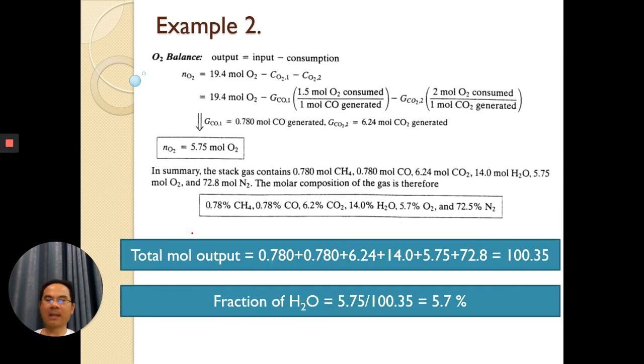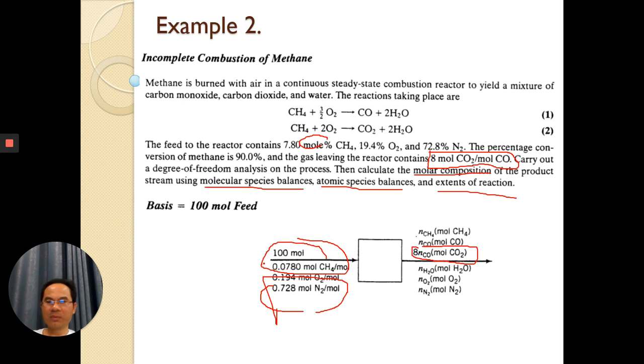And then you make an oxygen balance. Oxygen balance is output equal to input minus consumption, as I showed you already, because oxygen is a reactant and also in the input. Oxygen output is NO2. Input from the flow chart is 19.4 mole O2, because 0.194 multiplied by 100 is equal to 19.4.